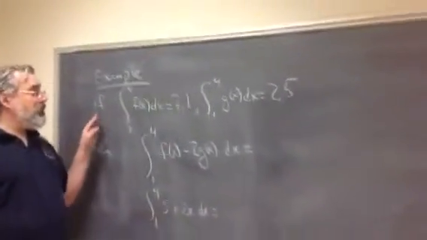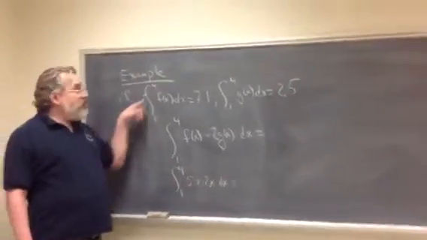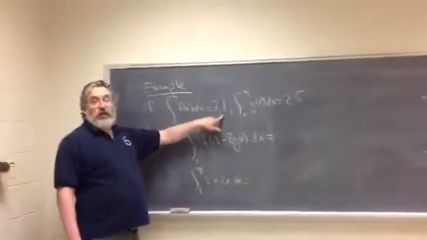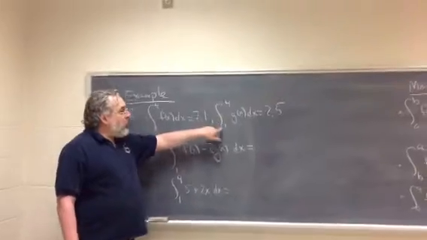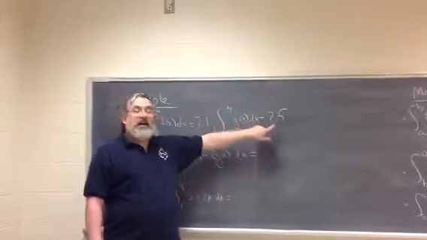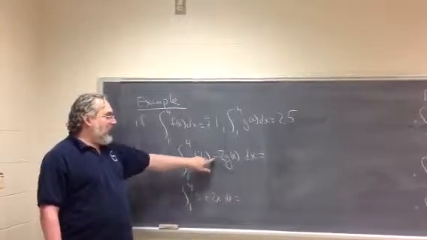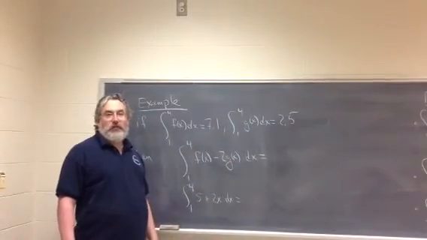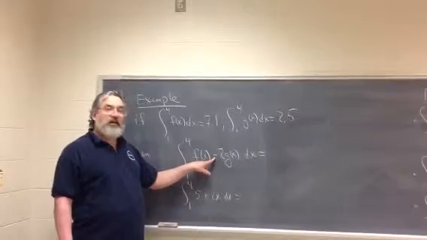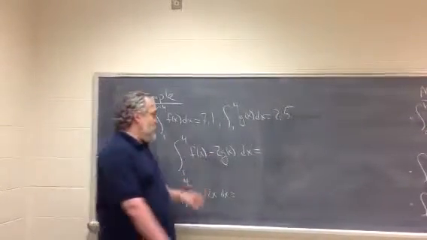So in this example, the integral from 1 to 4 of f of x dx is 7.1, whereas the integral from 1 to 4 of g of x dx is 2.5. So, what's the integral from 1 to 4 of f of x minus 2g of x dx? Well, the rule said we can split apart a minus sign. So I'm going to do that.